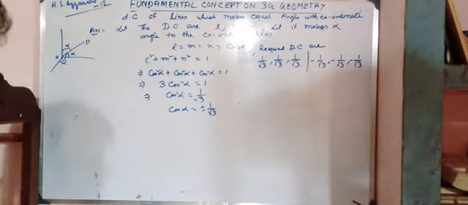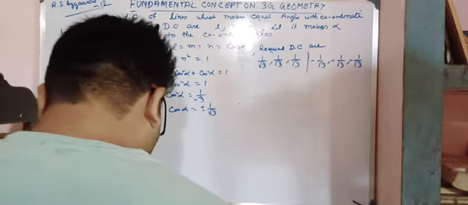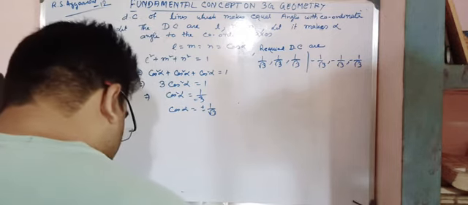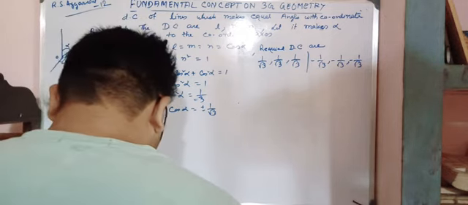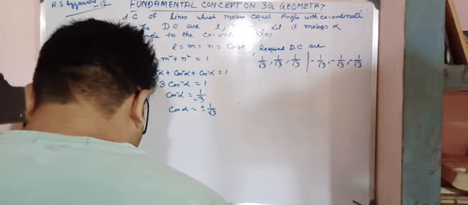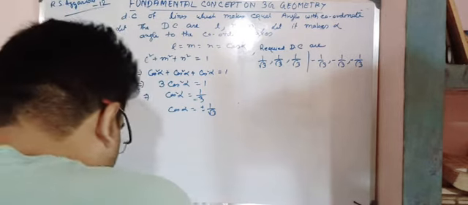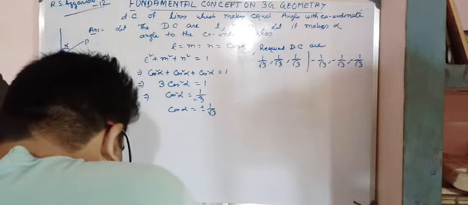Next, let us move to another question. A very good question is given here: find the direction cosines of the vector.